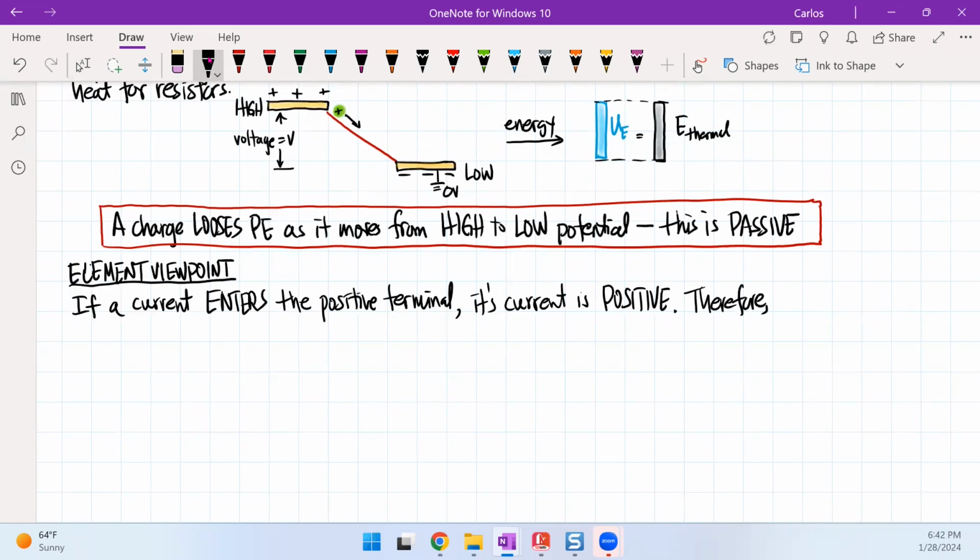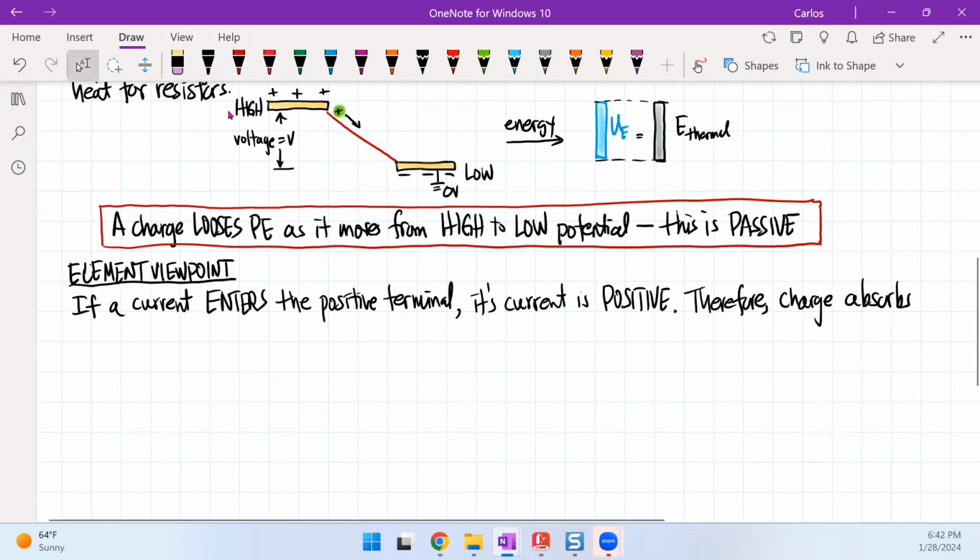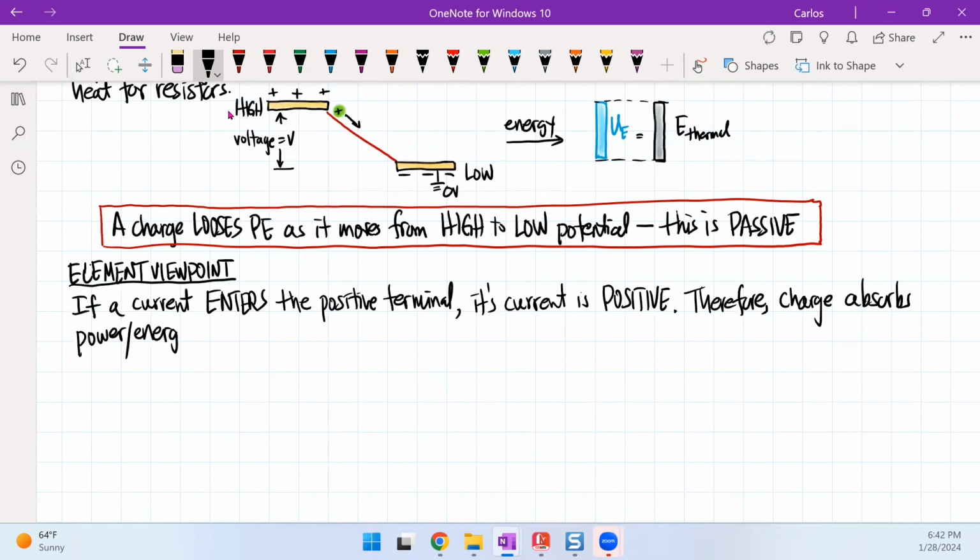Therefore, charge absorbs power/energy from the power supply.